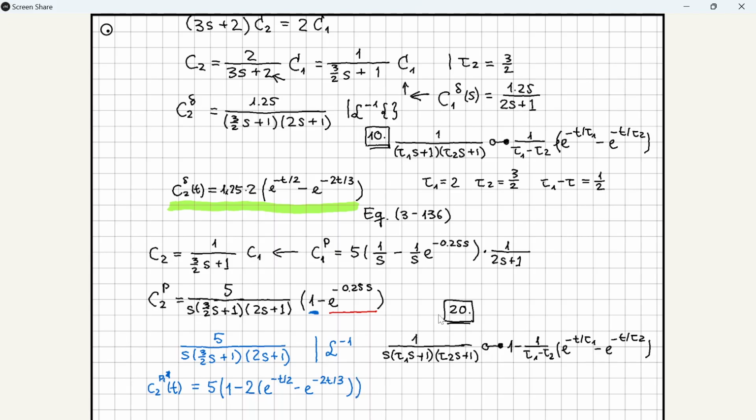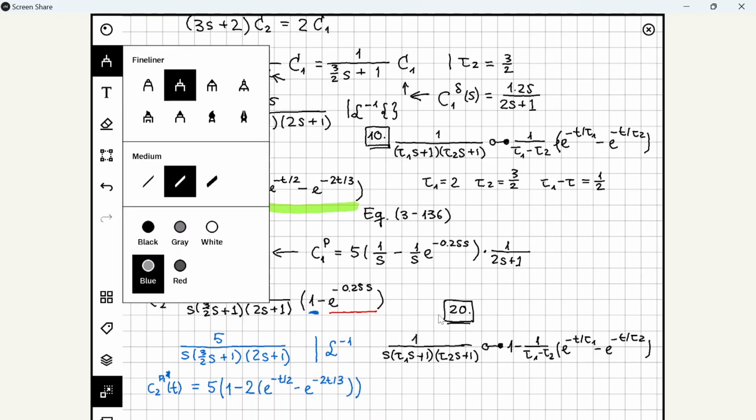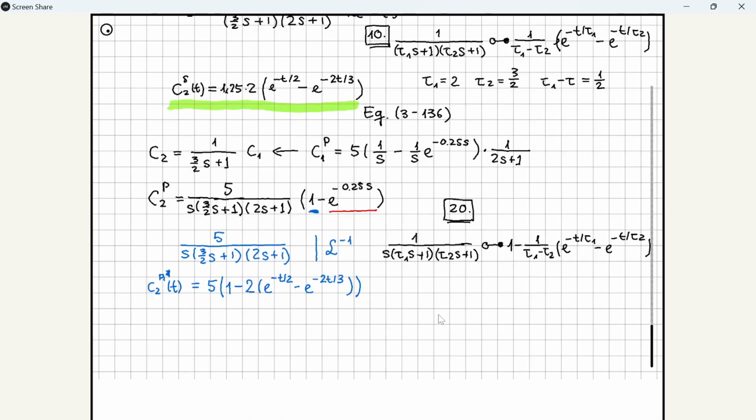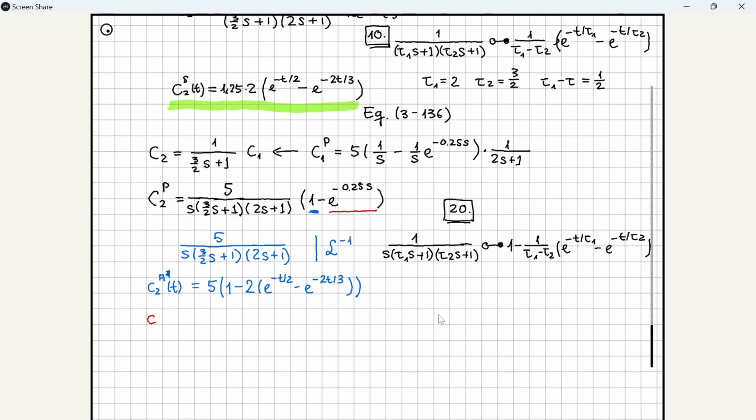Close this bracket. And the red term is exactly the same, only that I now have to move the function, the exact same function, only moved.